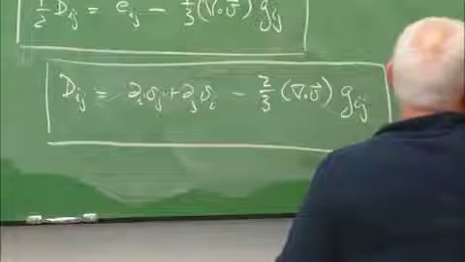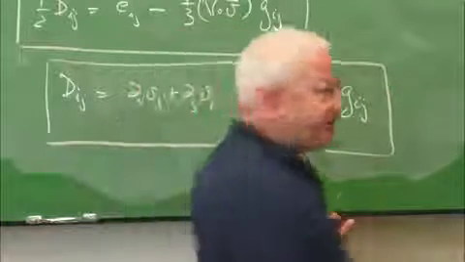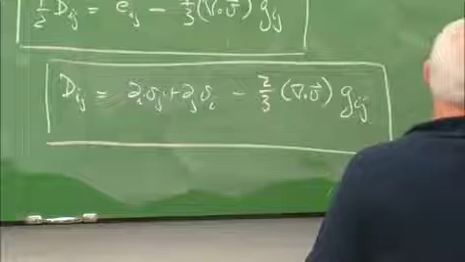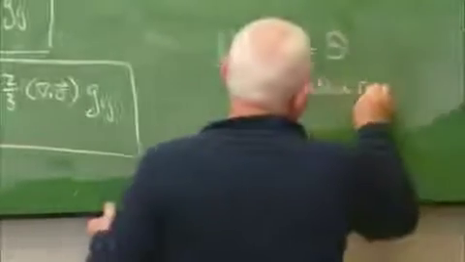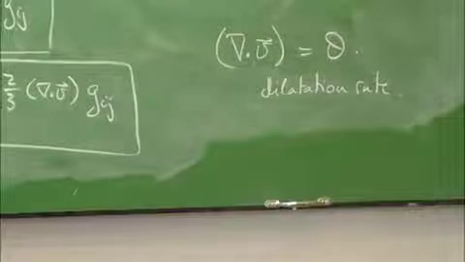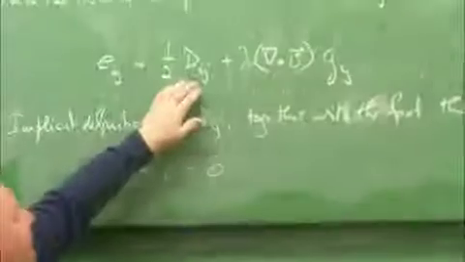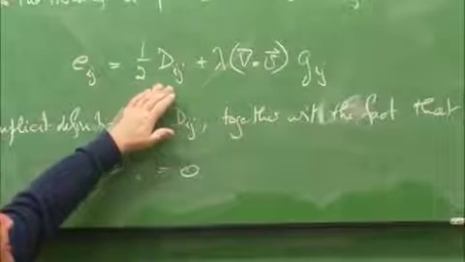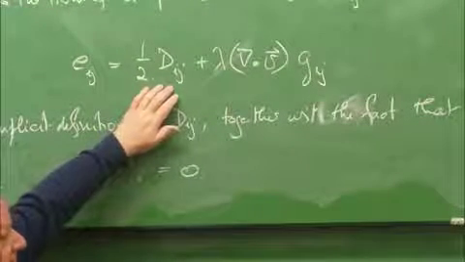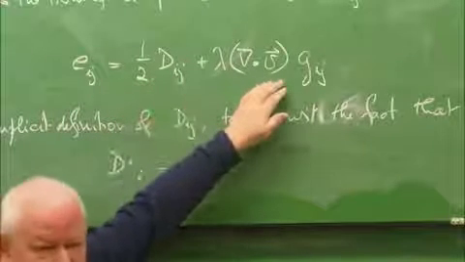Nabla v is often written as theta, and it is called the dilatation rate. So what this tells you is that the shearing rate tensor, eij, can be broken up into the sum of a pure shear, dij, defined by that expression, plus the dilatation rate.